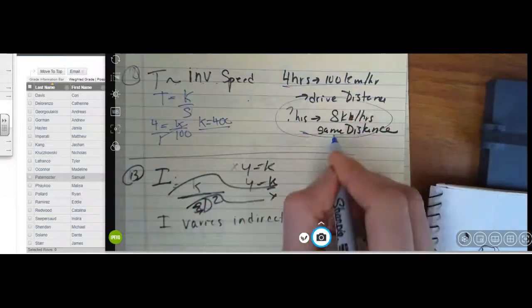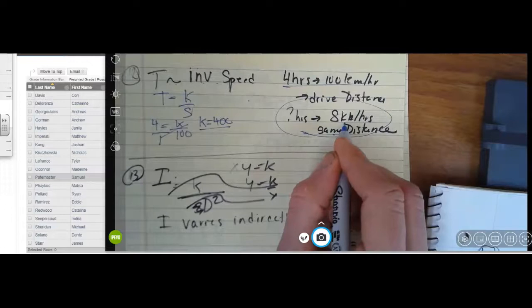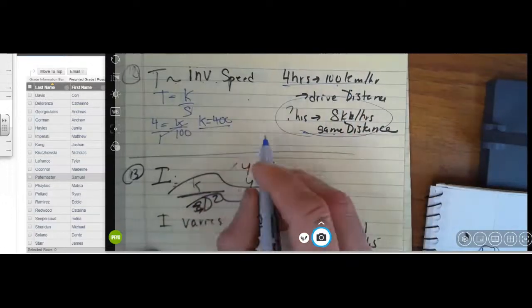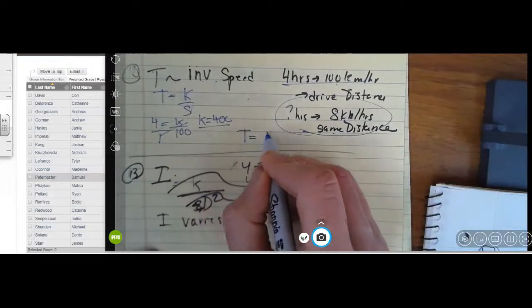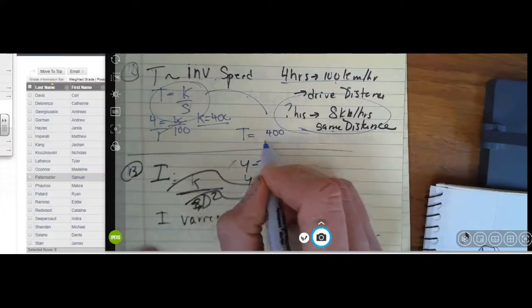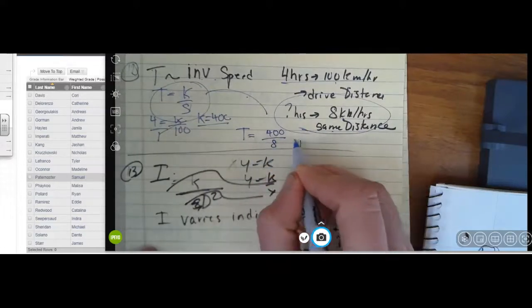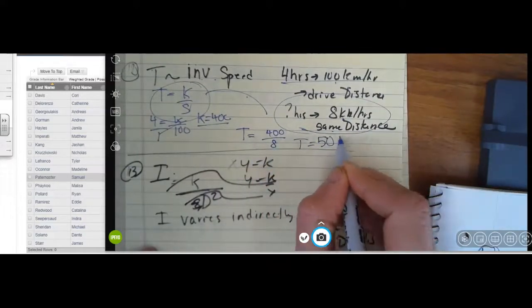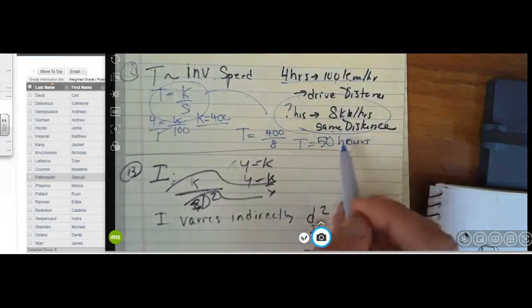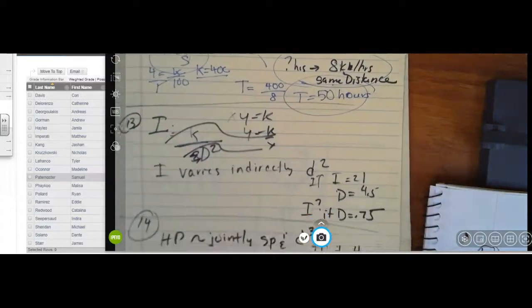We find out how many hours it will take if we do the same trip at 8 kilometers per hour, a lot less than 100 kilometers per hour. So time is equal to k, 400, over s, but now s is 8. So we're going to have the time is equal to 50 hours. Since you're going a lot slower here, it's going to take a lot longer to get there.